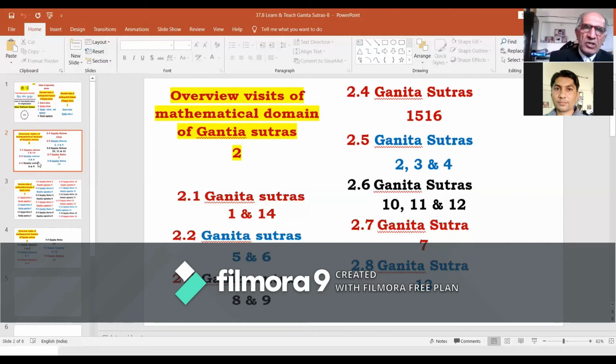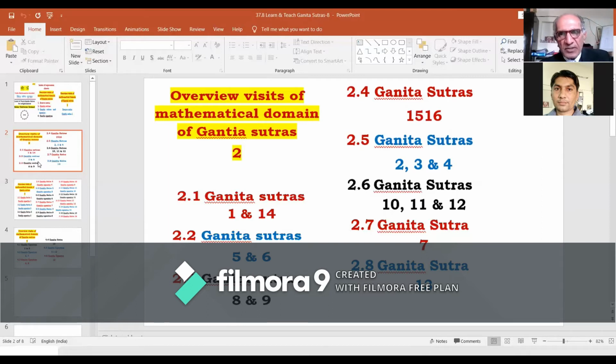Therefore, the overview of the mathematical domain of Ganita Sutras as per their internal relationship permits us to have distinct overview of mathematical domains of Ganita Sutra 1 and Ganita Sutra 14. The next phase of overview of mathematical domain of Ganita Sutras takes us to Ganita Sutras 5 and 6.